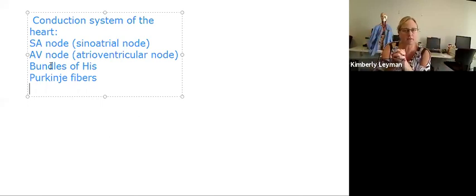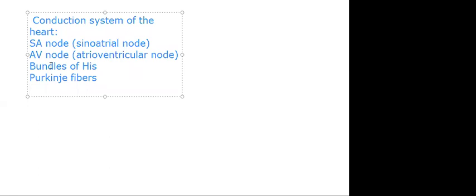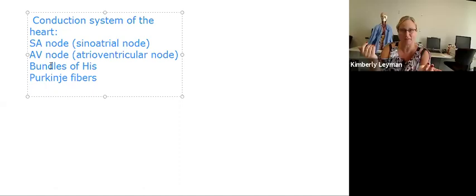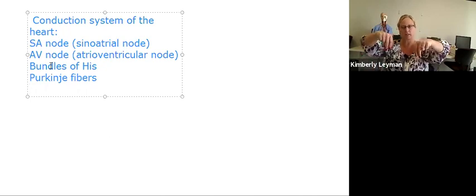And the lub-dub sound that you're hearing when the heart goes lub-dub, lub-dub, that's the valves closing. When they snap shut, that's what you're hearing. So when the bicuspid and the tricuspid valves snap shut together, that's your lub.